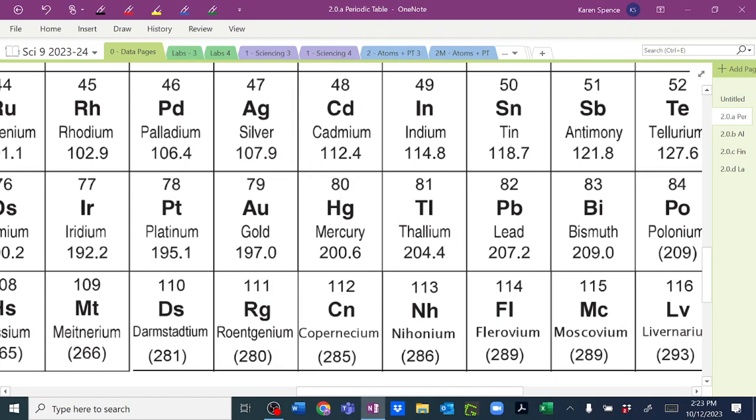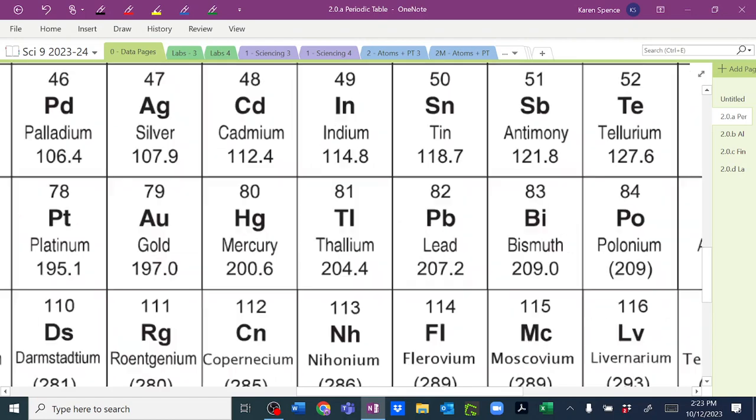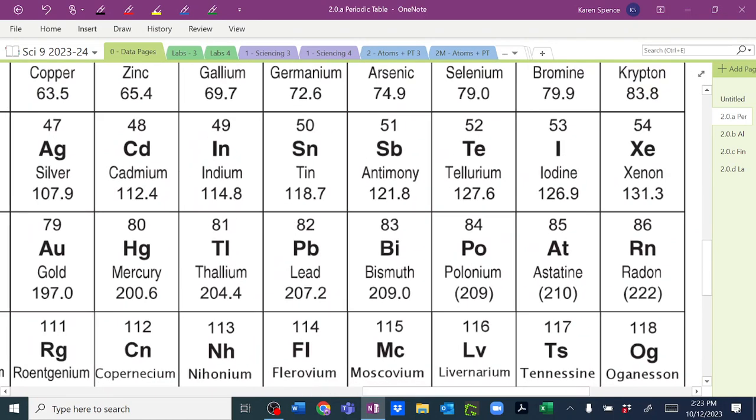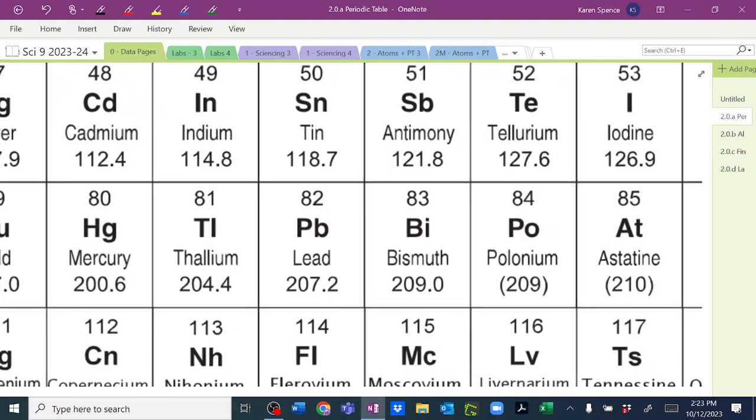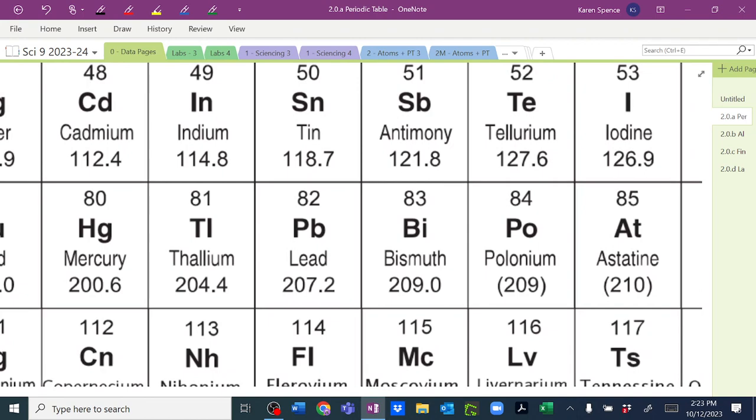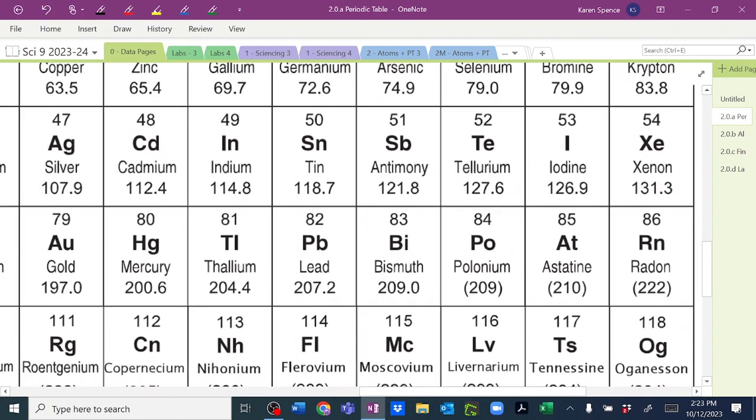How many protons in a neutral atom of lead, Pb? 82. Now, if you're like, oh my gosh, how am I ever going to find lead? Lead's hard to find, right? It's like hiding in the middle. It's not LD, it's Pb.